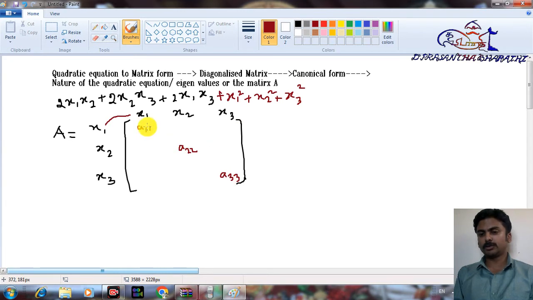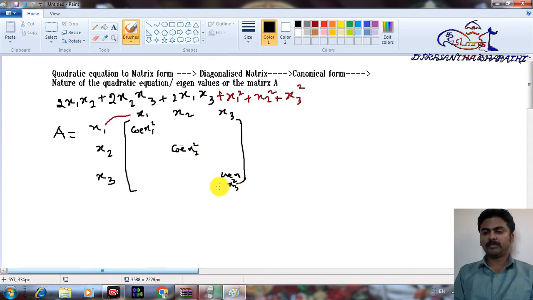Here the coefficient of x1 square, here the coefficient of x2 square, here the coefficient of x3 square.